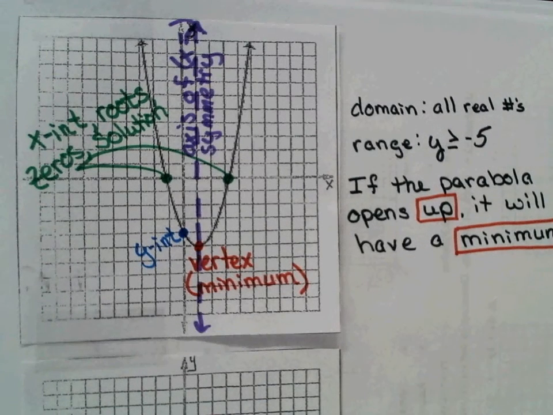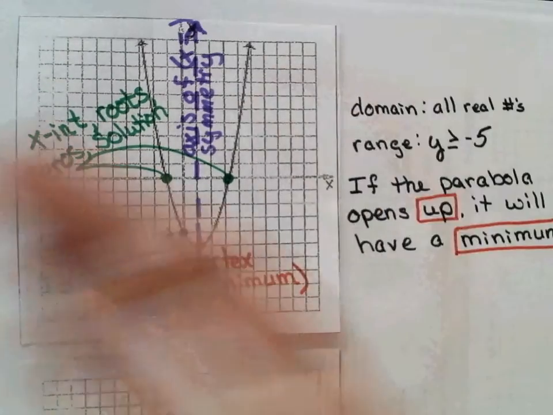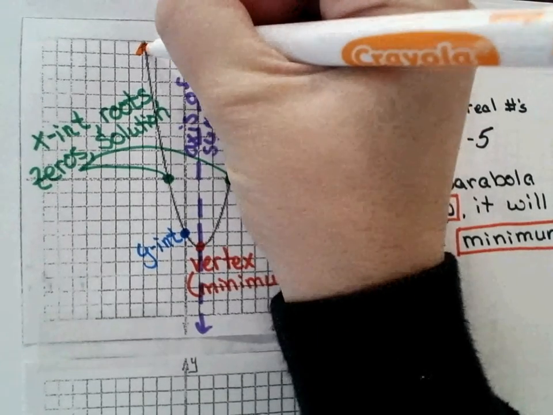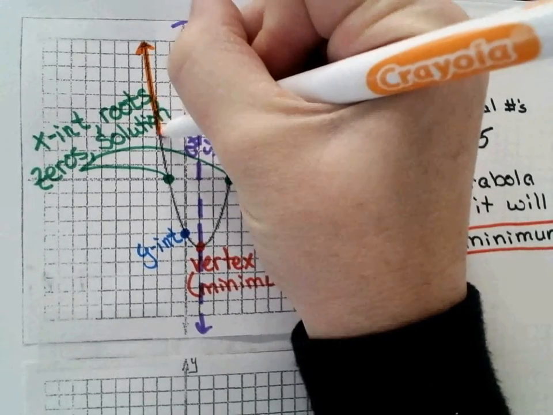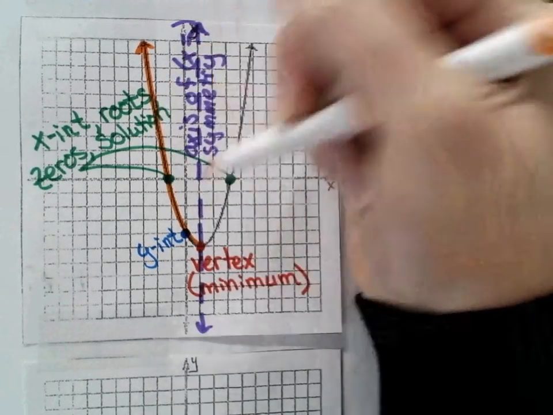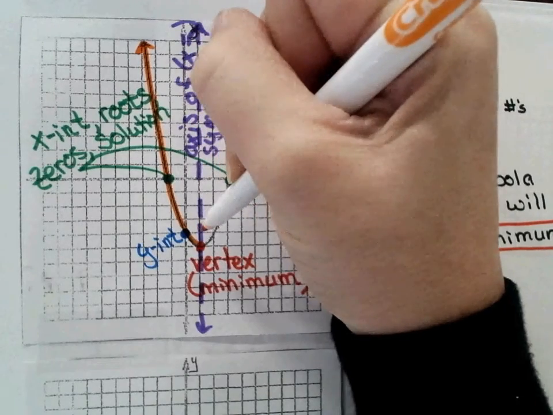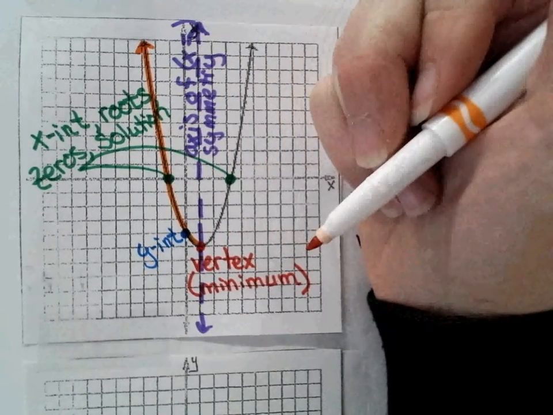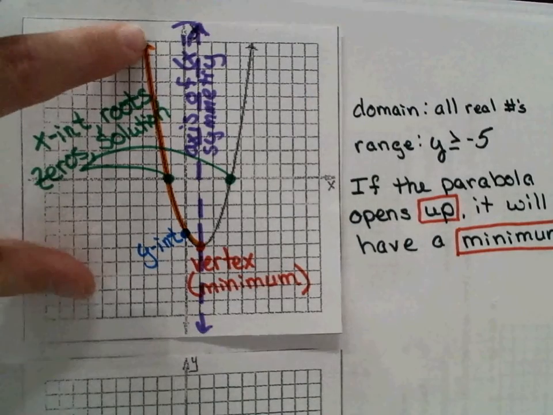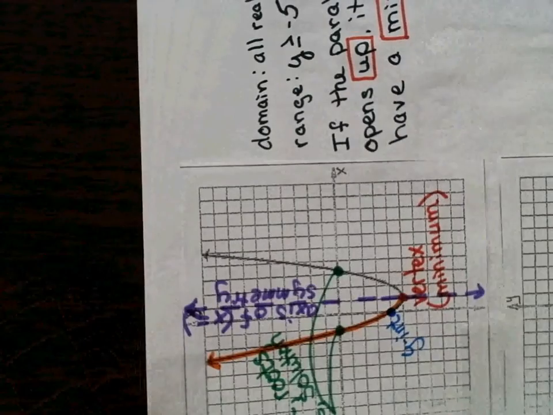Okay, and then the last two vocab have to do when you are graphing this. So, when you are graphing any kind of graph, you should always look from left to right, just like you're reading a book. So if I start here at the left, which way is my graph of my parabola going? Which way is my pencil going, or in this case, my orange marker? It is going down the whole way. If something's going down, is that increasing or decreasing? So my graph, this side of my parabola, is said to be decreasing.